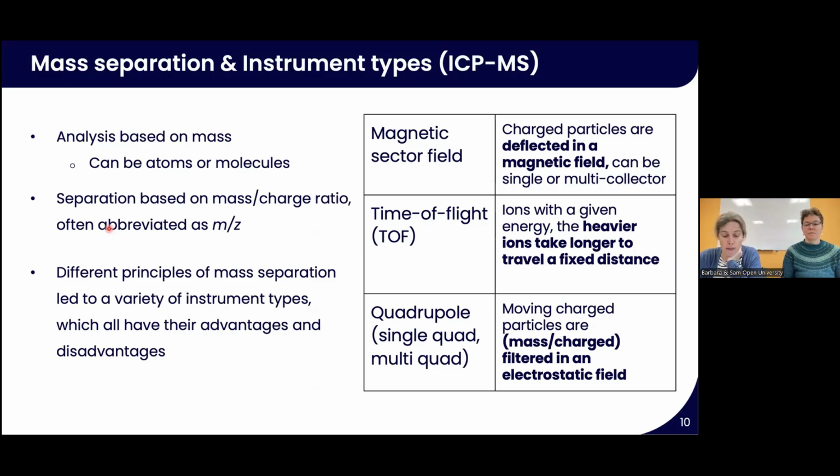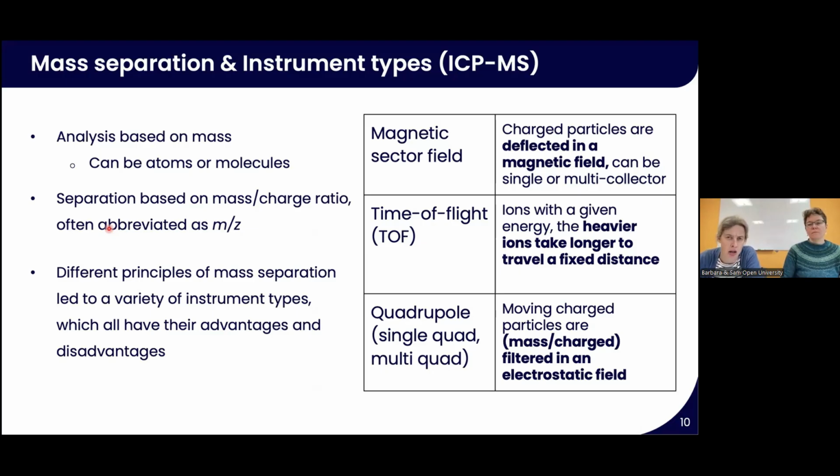So that means that there's one mass in the center of the flight path, and this can be detected using a single collector style of instrument, or if you've got a multi-collector, then you can collect several of those dispersed masses simultaneously. So these are really good for high precision measurements because you're detecting those masses simultaneously. The disadvantage of a magnetic sector field is that the magnet stability is such that it takes a long time to switch between extreme mass variations.